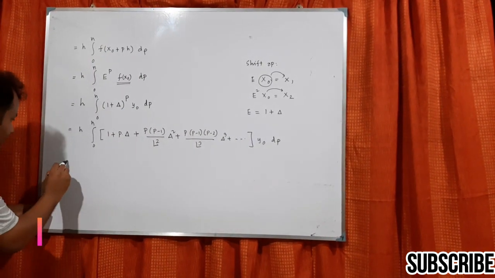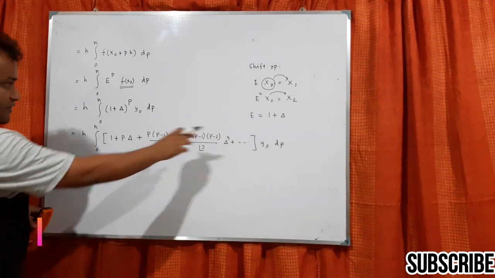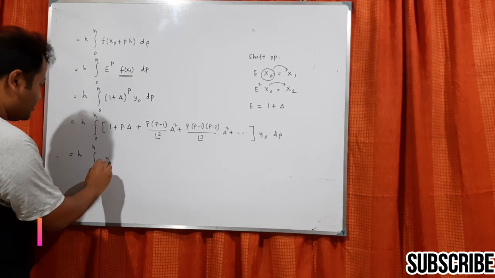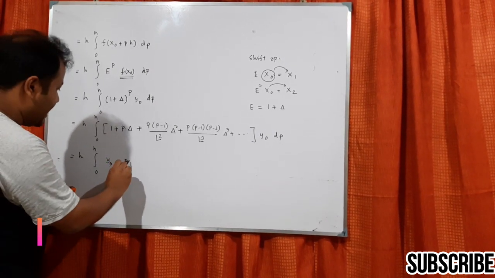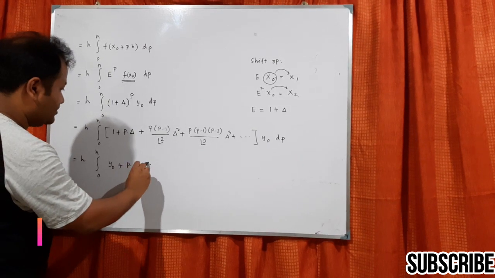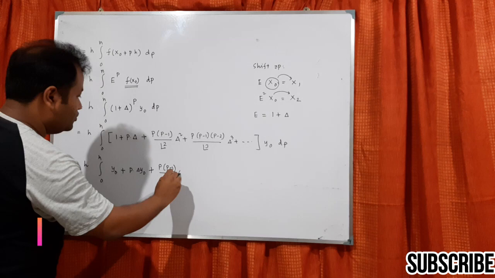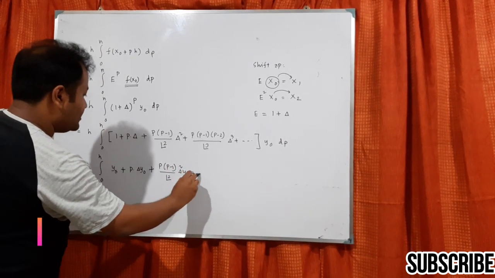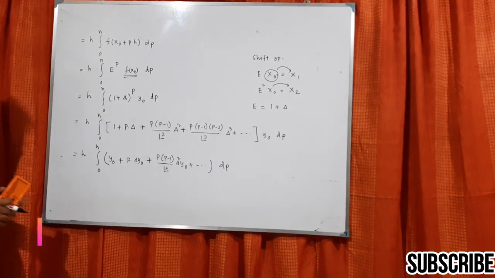So basically it should be the integral from 0 to n of y naught plus p times delta y naught plus p into p minus 1 by factorial 2 delta square y naught and so on dp, okay?